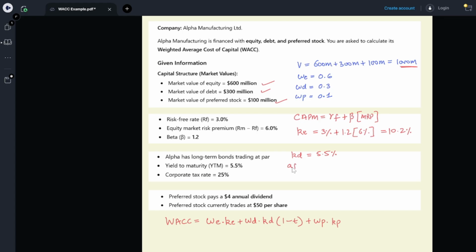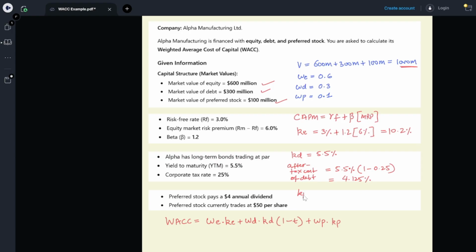So after-tax cost of debt is going to be 5.5% multiplied with 1 minus 0.25. Okay, so 5.5 into 0.75. When we do that, we get 4.125%.